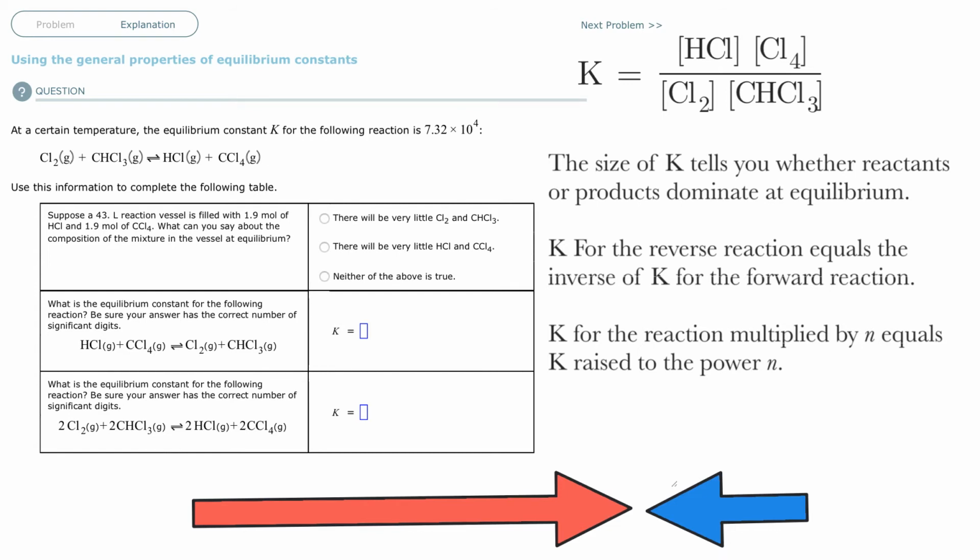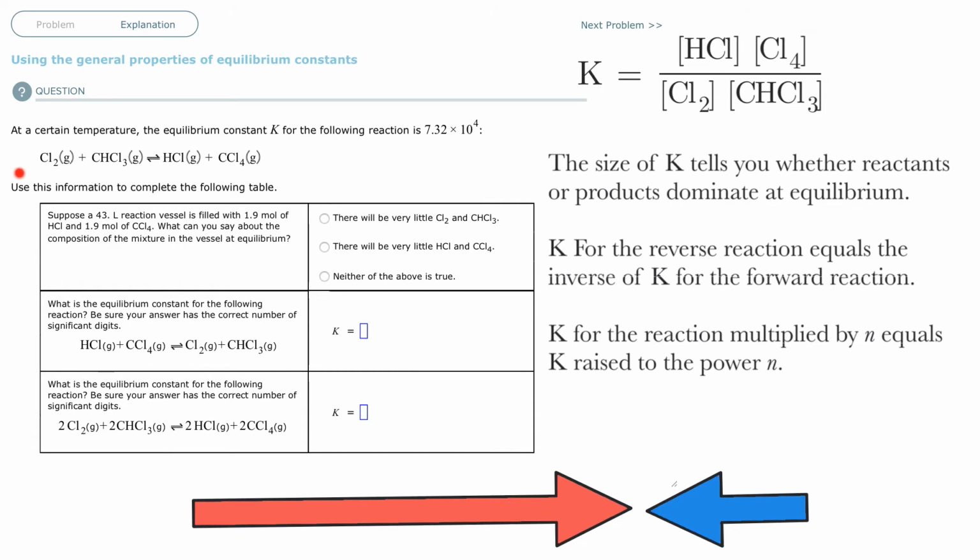The next thing you have to realize is that we've made these Ks before. In the case of this one, I've got Cl2, CHCl3, all of these are ones. I've got 1 to 1 to 1 to 1. The concentrations are to the first power.